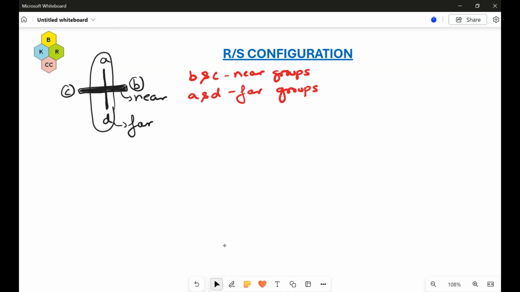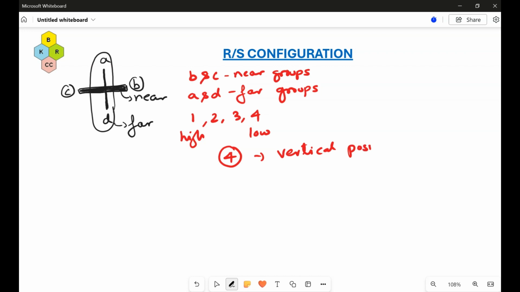If the priority is given as 1, 2, 3, and 4, as I told, 1 is the highest priority and 4 is the lowest priority. The priority 4 group should be in the vertical position.